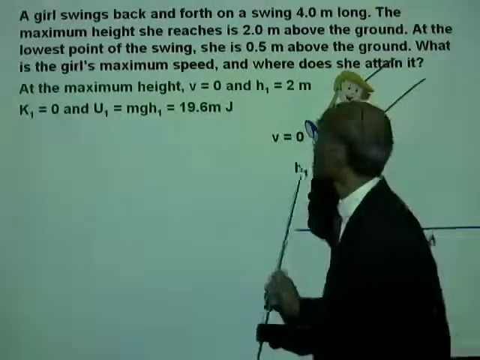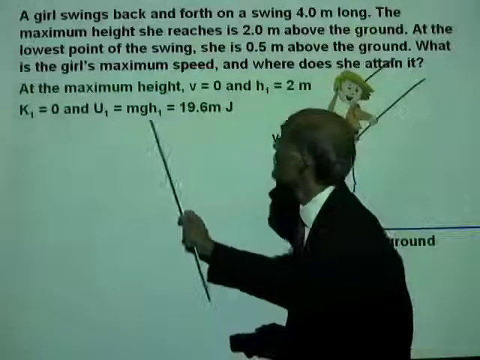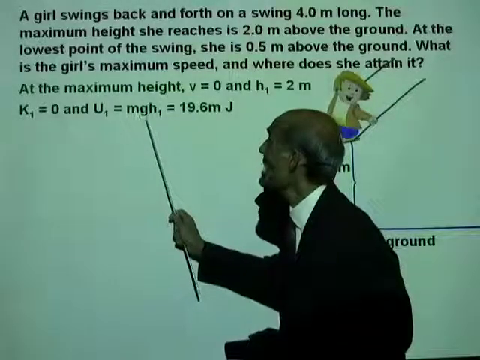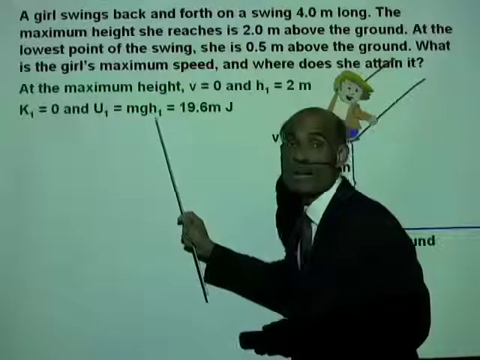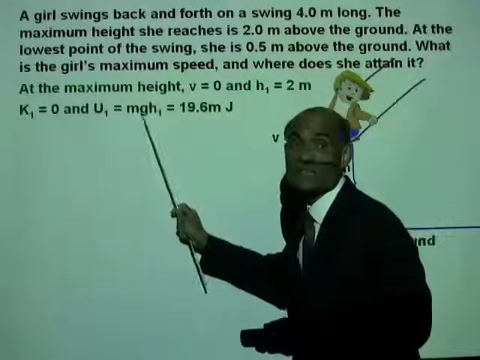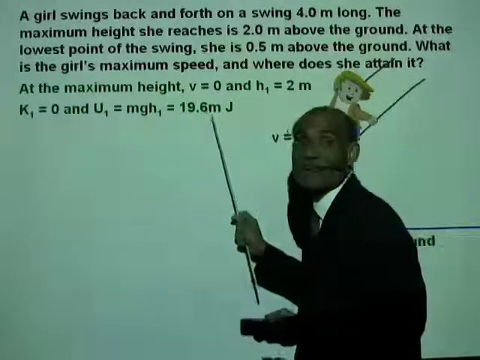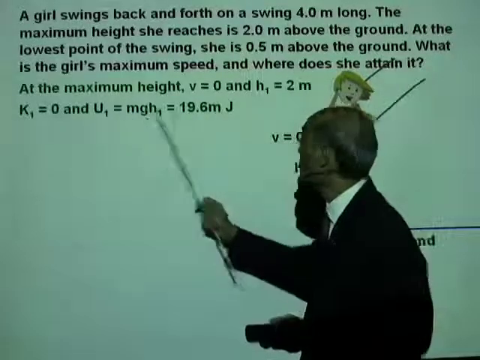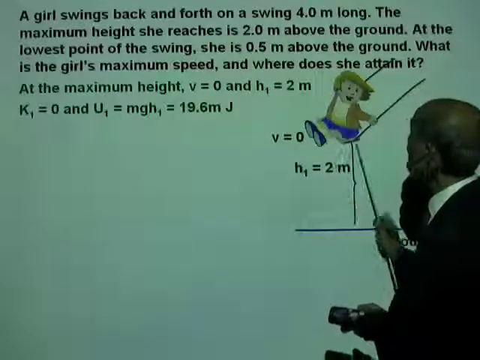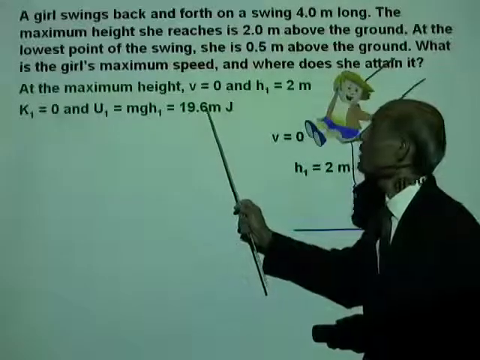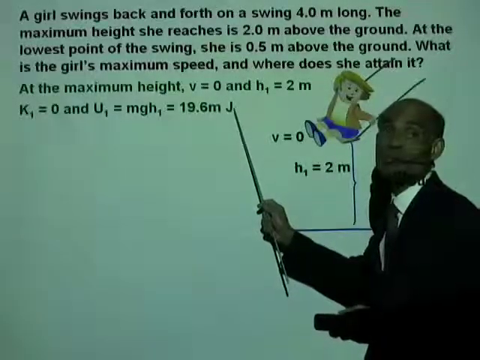Well, we don't know the mass, so we're going to leave it as m. g is 9.8, h1 is 2 meters, so 9.8 times 2 is 19.6 times m. The potential energy at this height is 19.6 m joules.